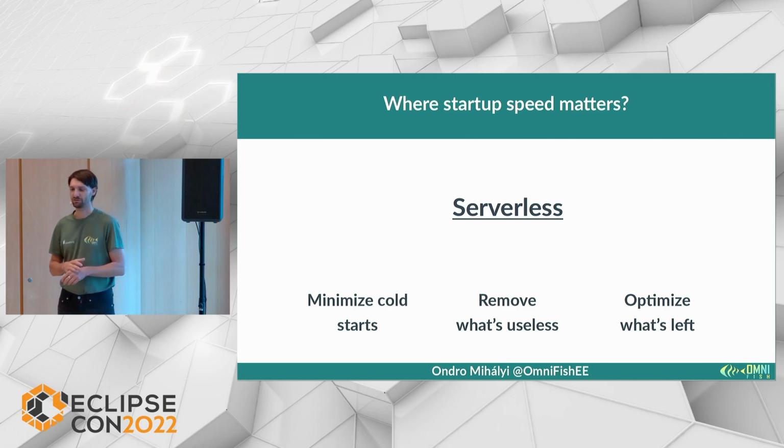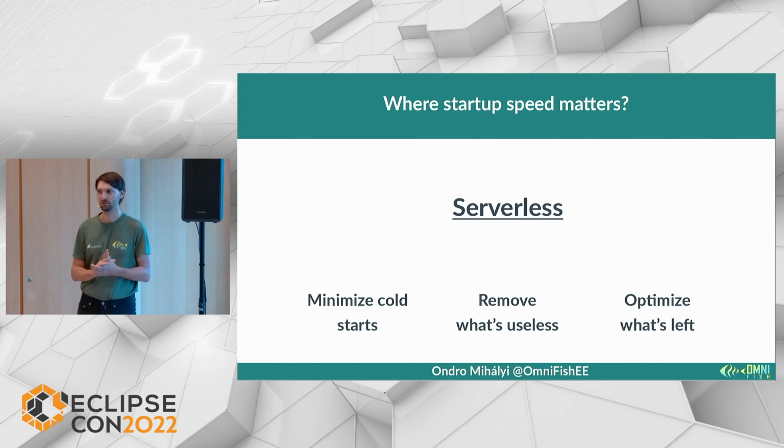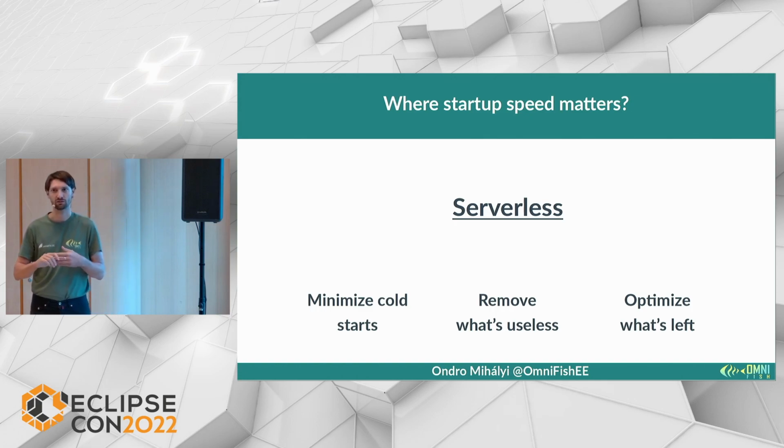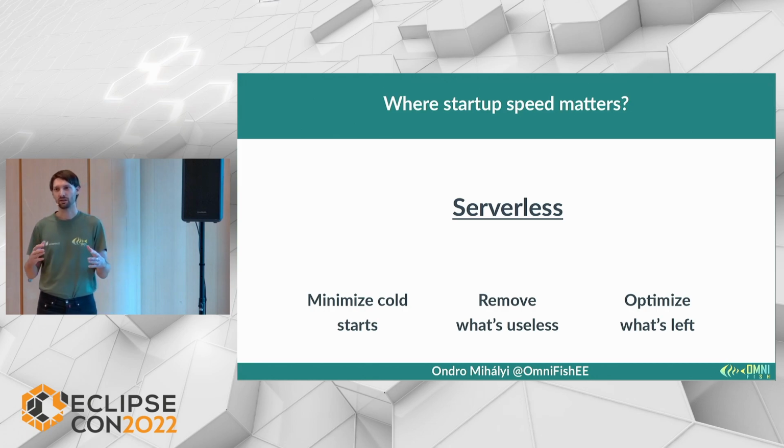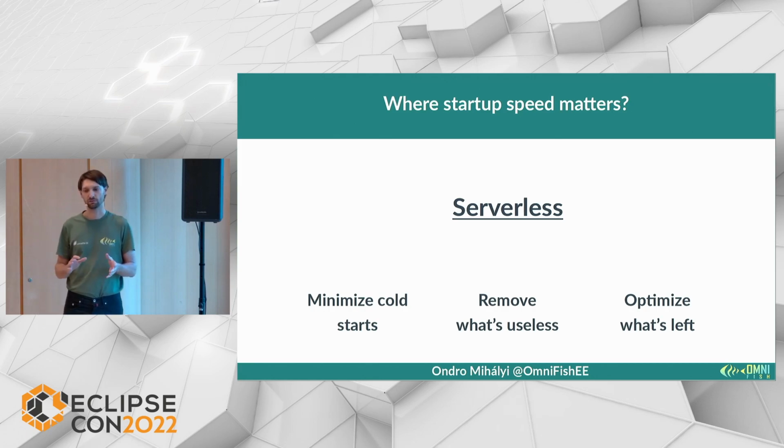And where it matters is serverless. It also matters in Kubernetes and microservices when you want to scale to multiple instances, but there you can basically handle a couple of seconds of delay because you have other services already running and serving requests, so it's not that much of a problem.